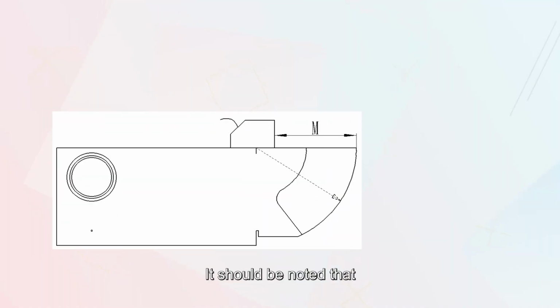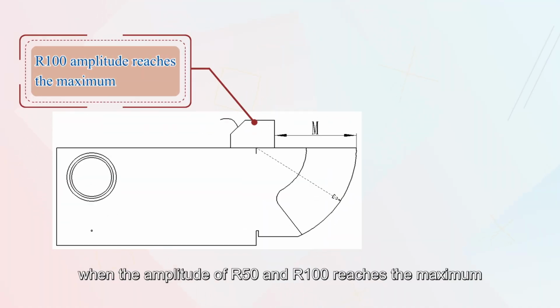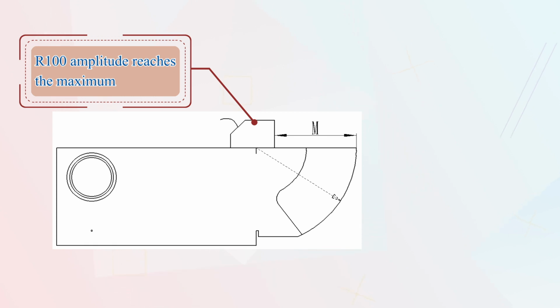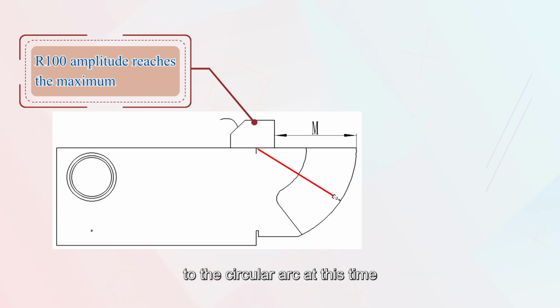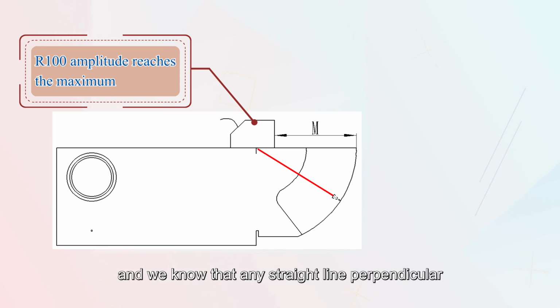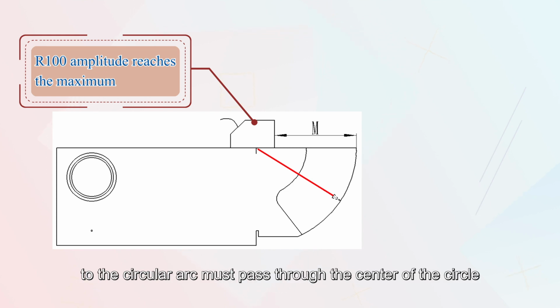It should be noted that when the amplitude of R50 and R100 reaches the maximum, the ultrasonic beam is perpendicular to the circular arc, and any straight line perpendicular to a circular arc must pass through the center of the circle.